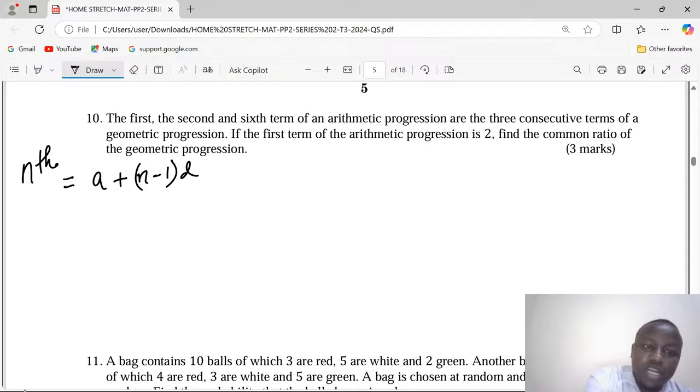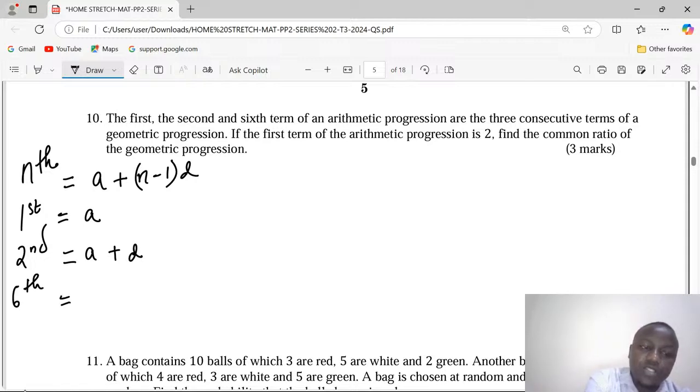So the first term we can let be a. The second equals a plus 2 minus 1 multiplied by d, so it's just a plus d. Then the sixth is a plus 6 minus 1, which is 5, multiplied by d.